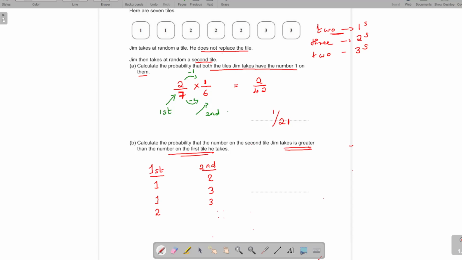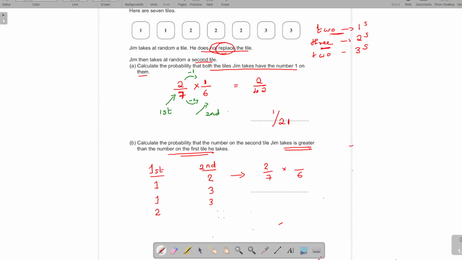So let's carefully write the probabilities now. Remember, first time it is always 7. Second time is always 6 because this hasn't replaced it. Does not replace. So we have how many 1s? We have 2 1s, 2 over 7. Then second time he is taking 2.